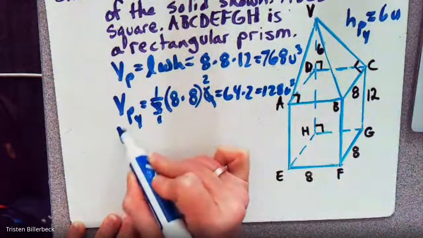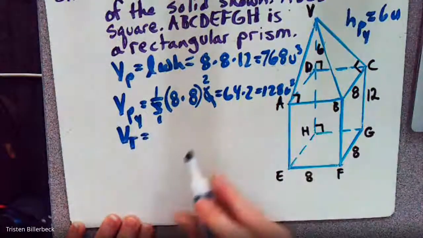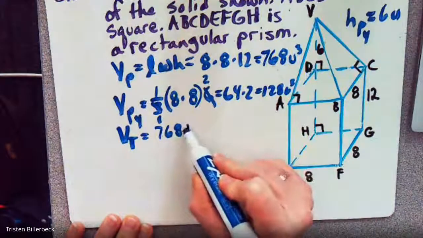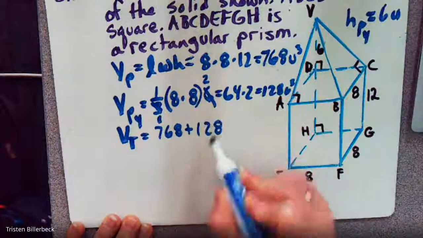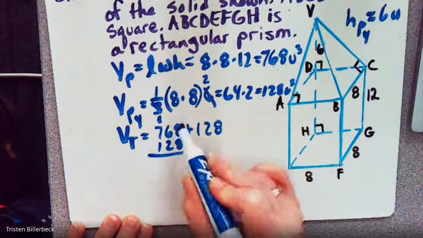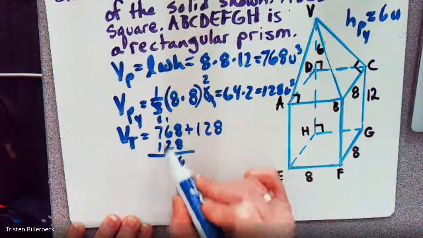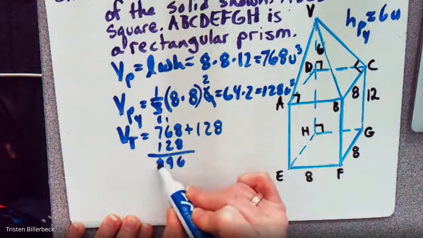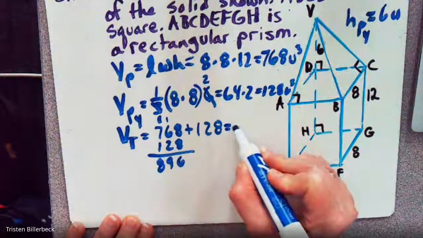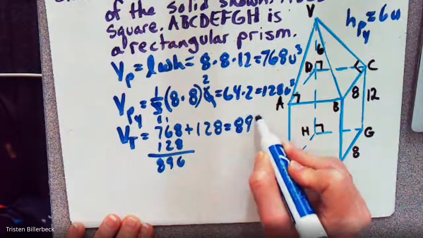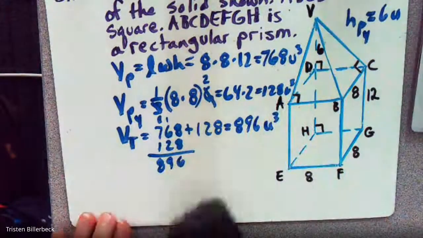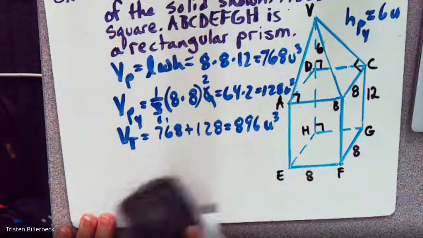So the total volume then is 768 plus 128. Now sometimes it's just easier to add like this, so you have 16, 9, and 8. Okay, so we end up with 896 units cubed. Okay, so that's our total volume.